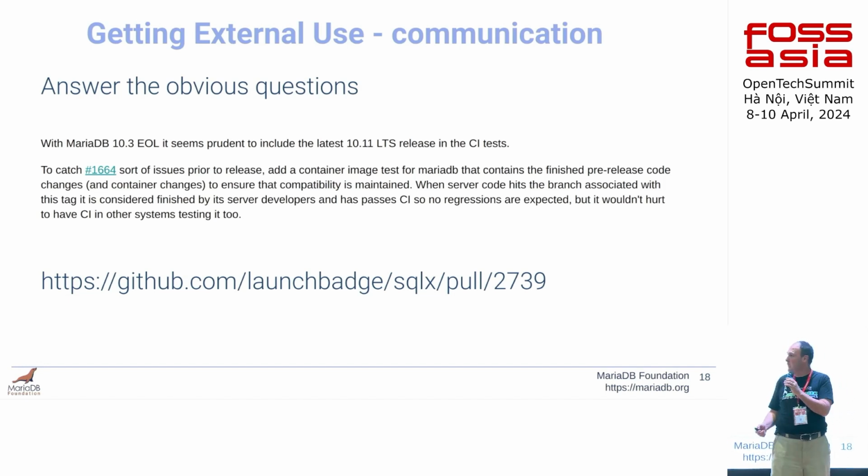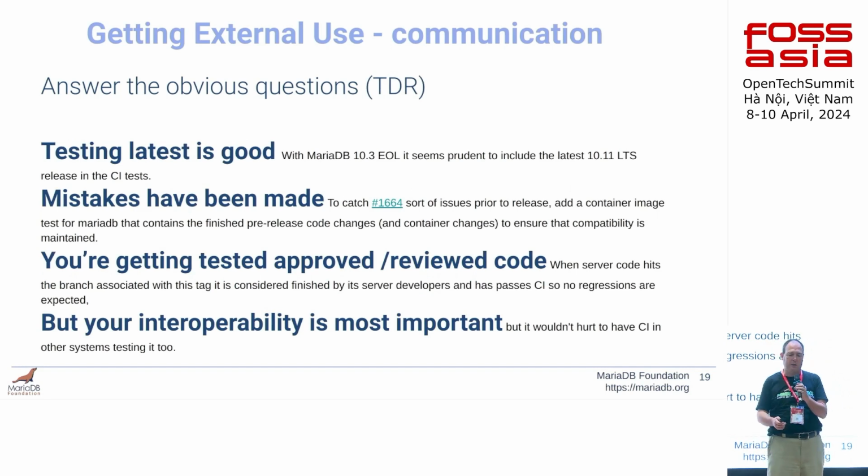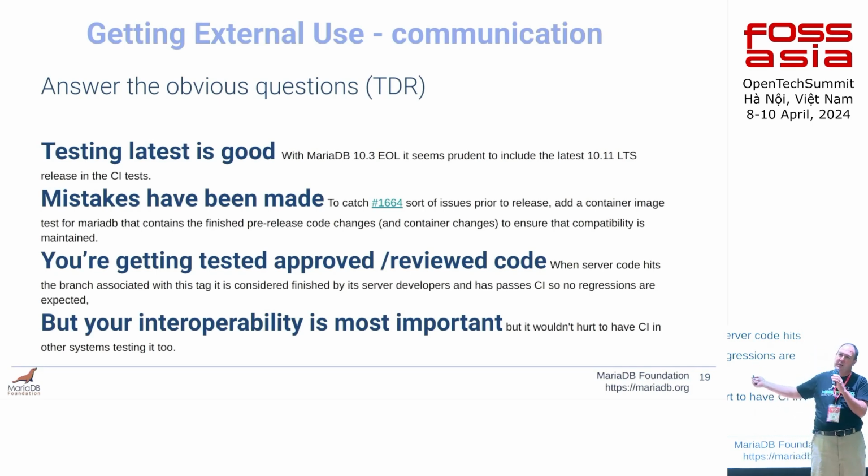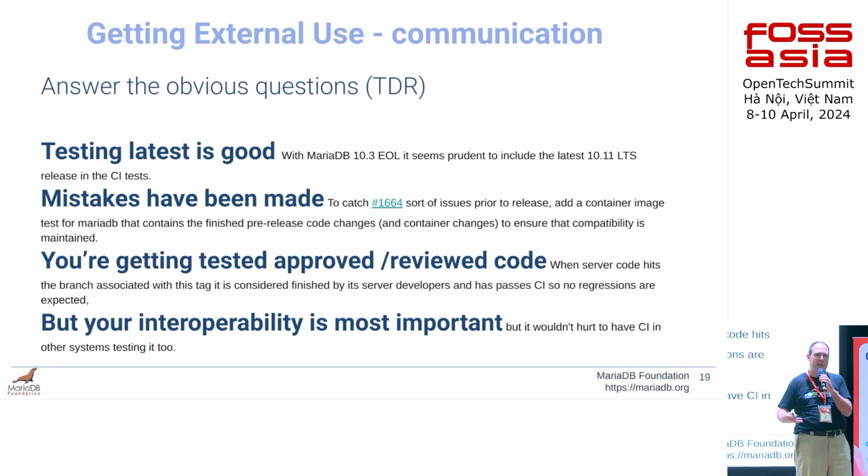So I'll summarize that too-long comment: say why testing the latest is good, and explain why mistakes have been made. In this case, they had some MySQL incompatibility, but it's the same sort of thing: occasionally incompatibilities creep in when you don't test, strangely enough.